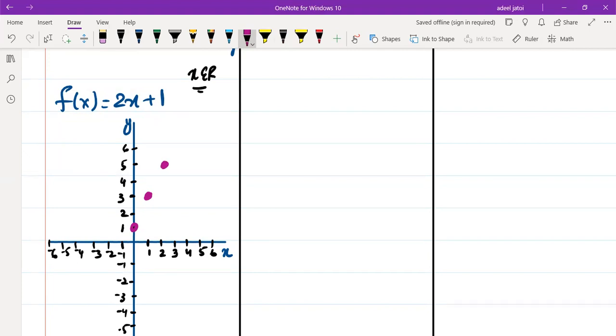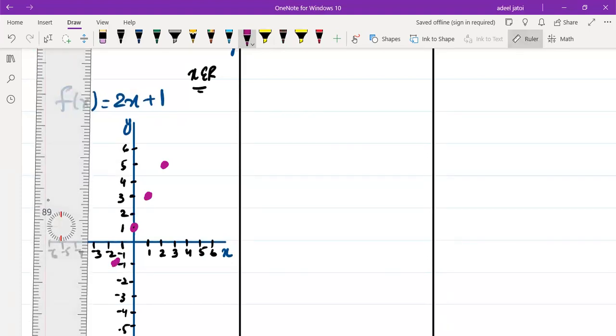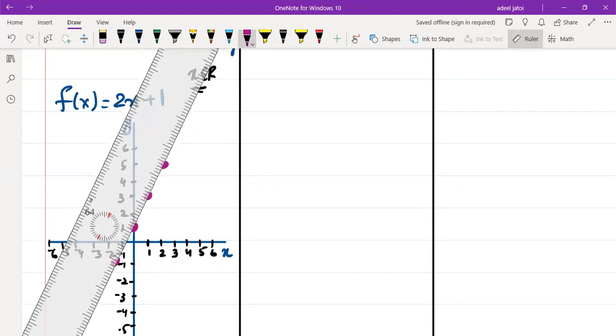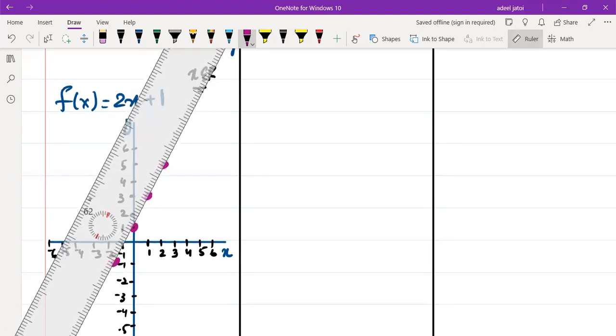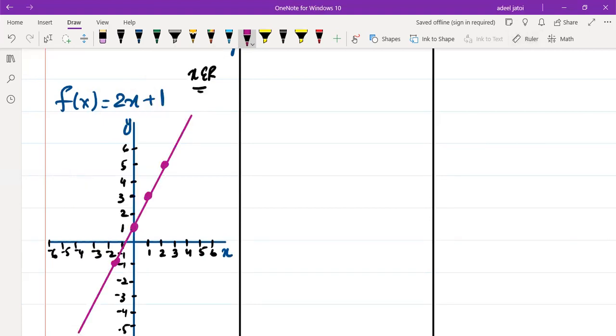If we take -1, this will be -2, and -2 plus 1 will become -1, somewhere here. So there would be a straight line graph that will be drawn for f(x). Now this is representing the f(x) line.